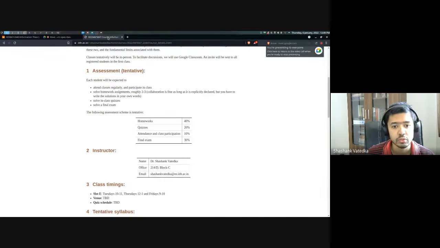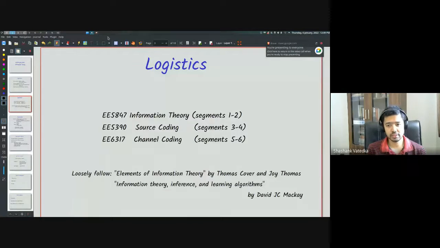This is a one credit course in segments 1 and 2, information theory. If you're interested in getting to know more of the details, we have 2 other follow-up courses, source coding and channel coding, which I will be teaching in segments 3, 4 and segments 5, 6. Some of you may have already registered for this course, but the registration will also be open later on.